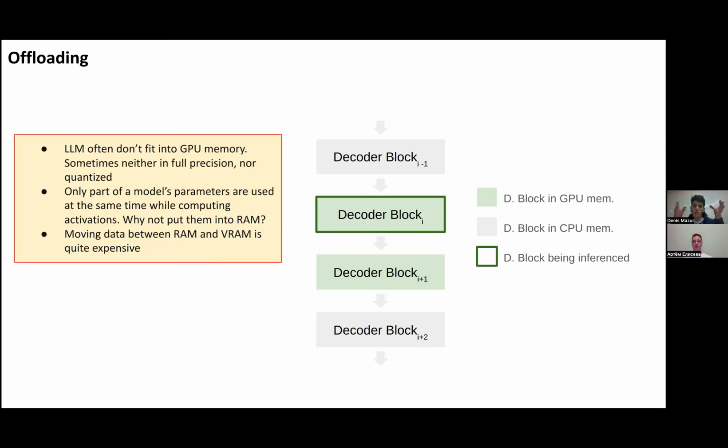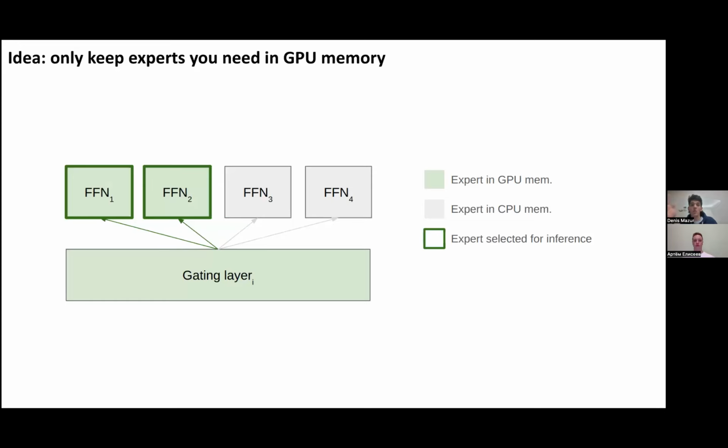I remind you that transformers usually don't have different experts. They just have one FFN layer, and you need all of those parameters to compute an activation of a decoder block. But Mixtral is a mixture of experts model. And when you're inferencing a mixture of experts decoder block, you don't need all of those parameters.